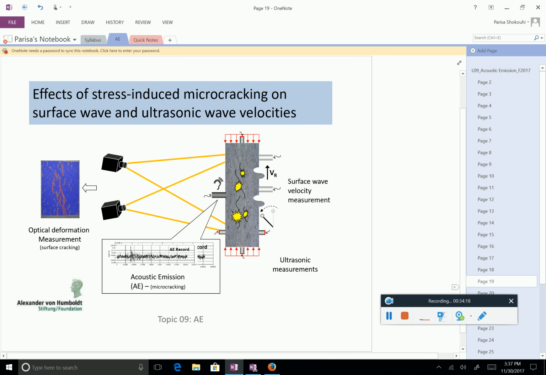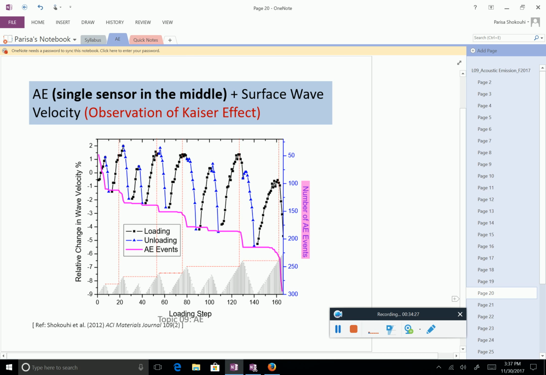Now, can you get something with one sensor? Yeah. Just to show you an example, if you just want to see what is going on in your sample, let's say here, we were loading the sample and you just wanted to see if we would see Kaiser effect, which means that if the load is going beyond the previous load, you are seeing cracking in the sample and how it relates to the other parameters we are measuring.